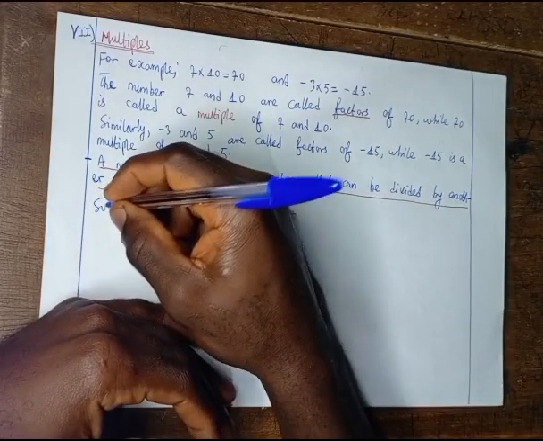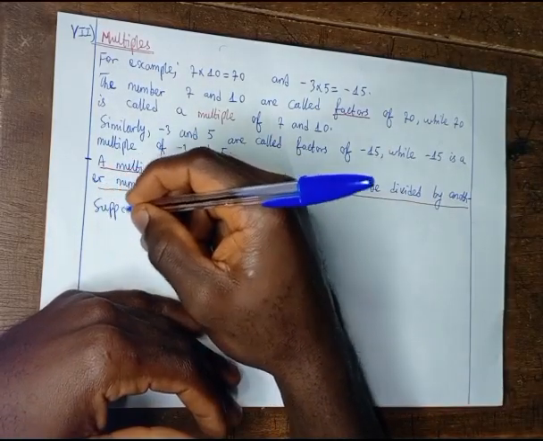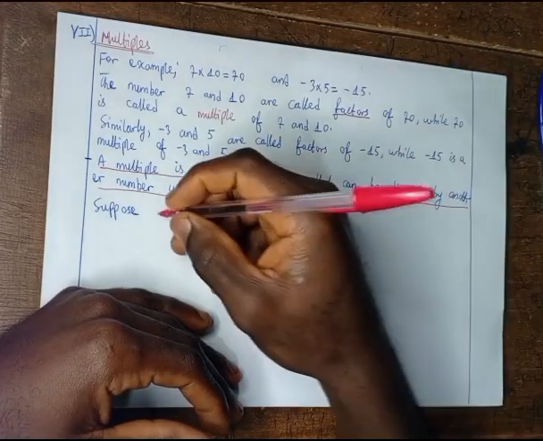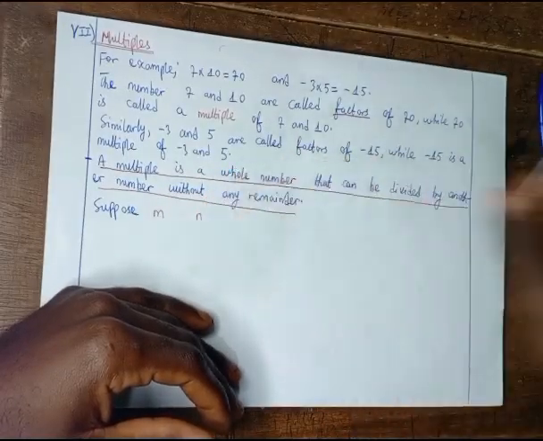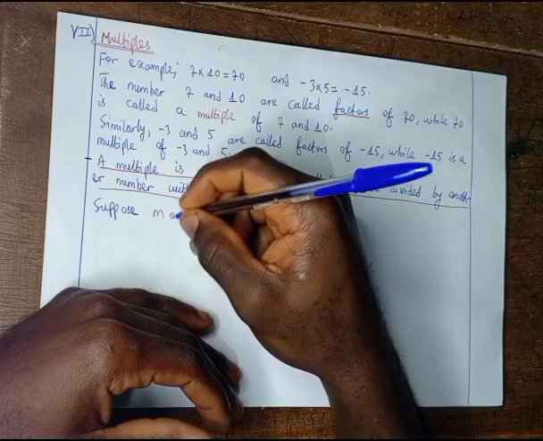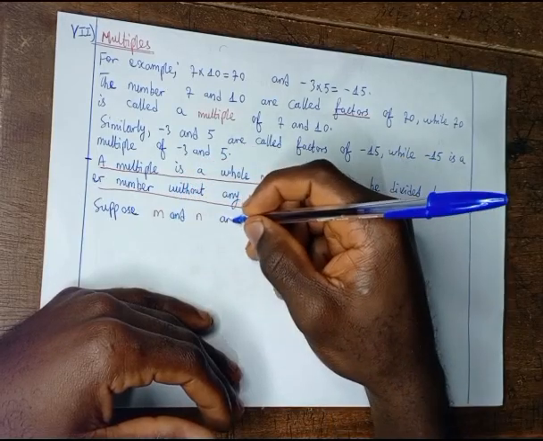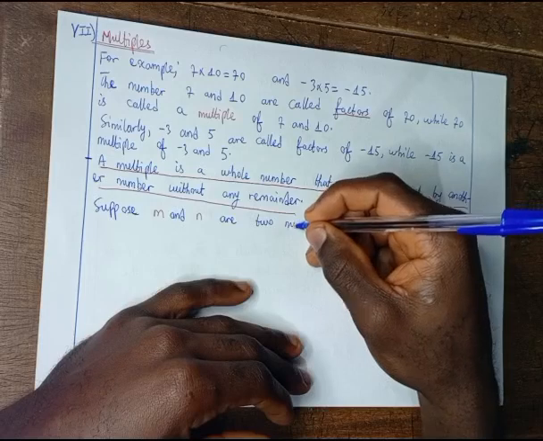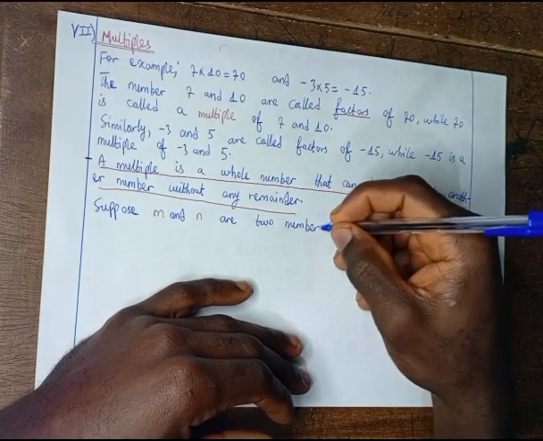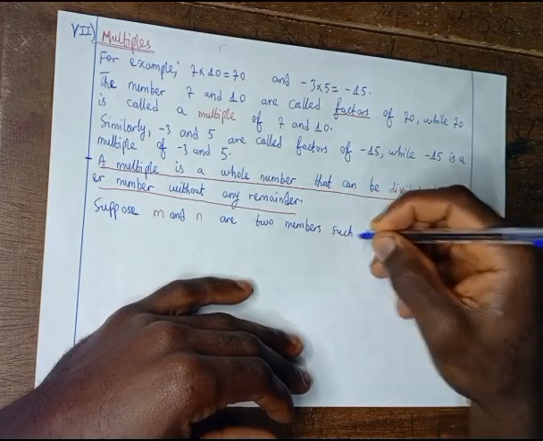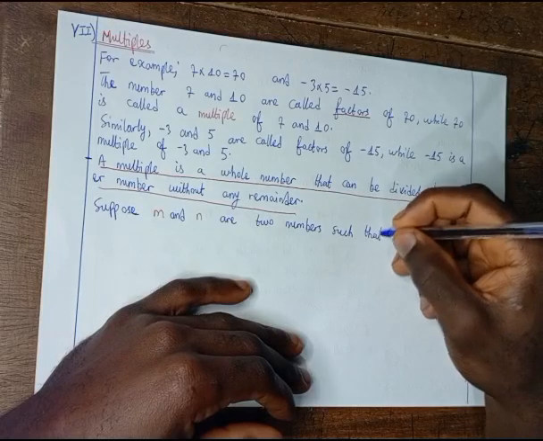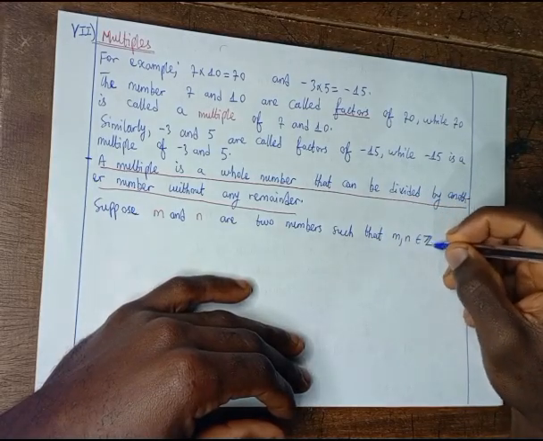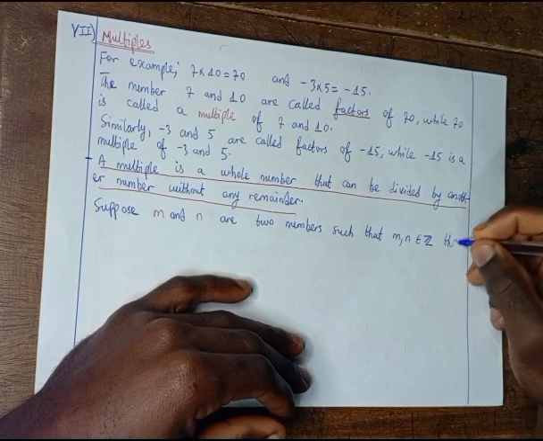Now we write this down. Suppose M and N are two numbers such that M, N, they belong to the set of integers.